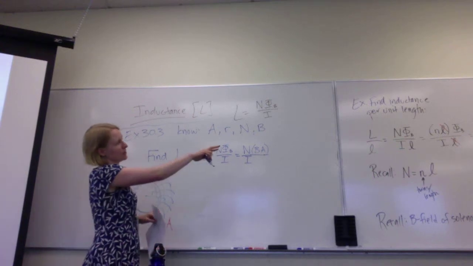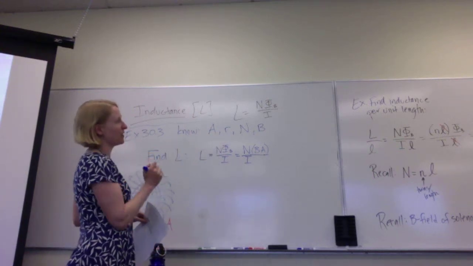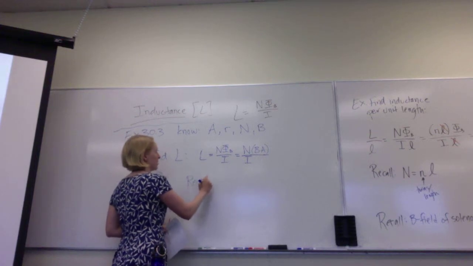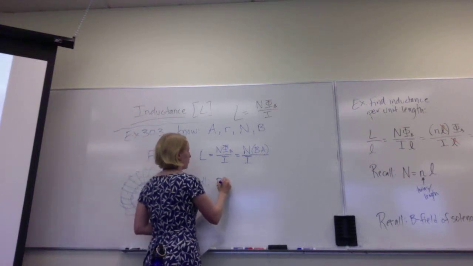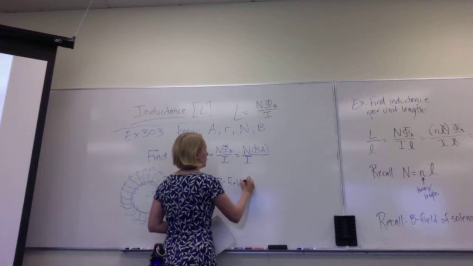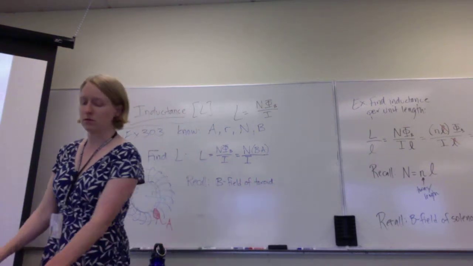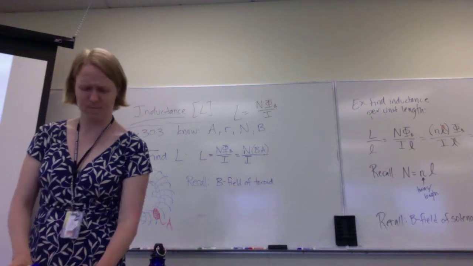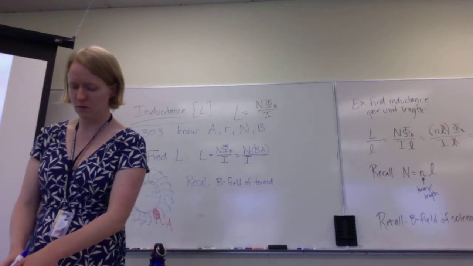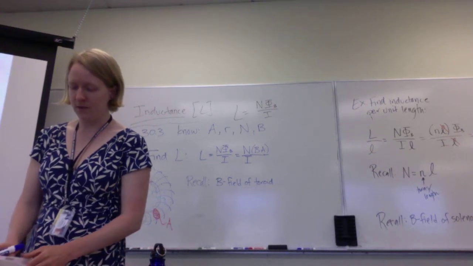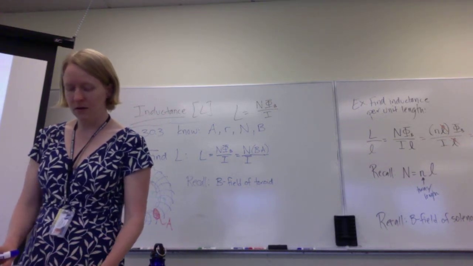What did we do next over there? Then we plugged in the B field of a toroid. So we have to go back to our notes and look up the B field of a toroid. I don't know it off the top of my head. That was lecture 7? It was two weeks ago. It was a while ago.